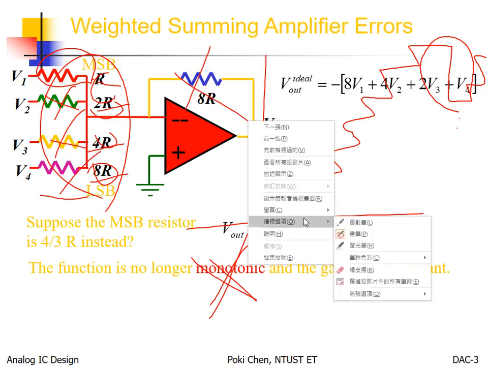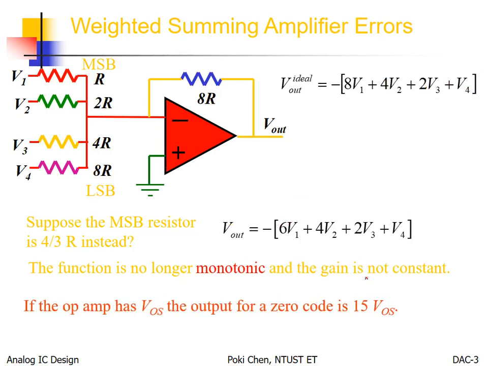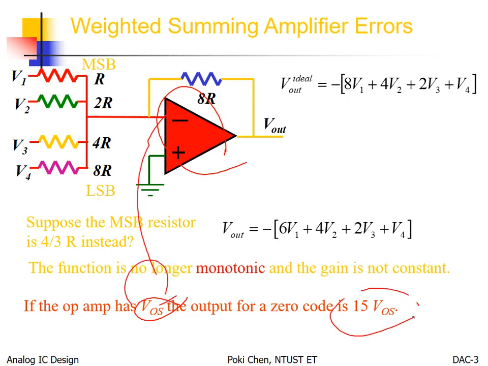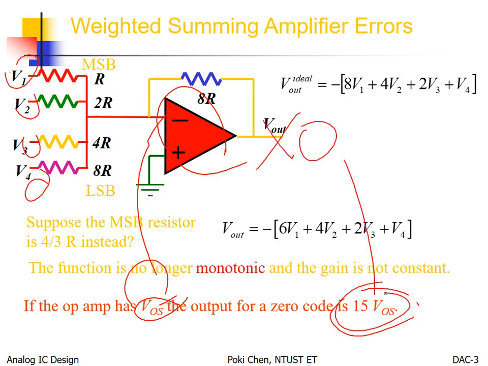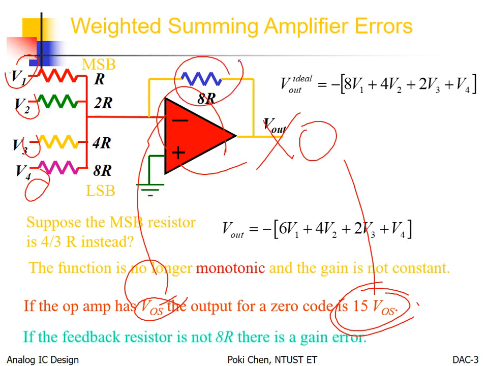So, for example, this is not perfect. For a comparator or op-amp, I told you the most important specification for IC design is input offset voltage. From microelectronics, you derived this already. Even if you have 0, 0, 0, 0, the output is not 0. The output is this. So what's the error? Offset. And then, if this resistor is not 8R, you will get gain error.